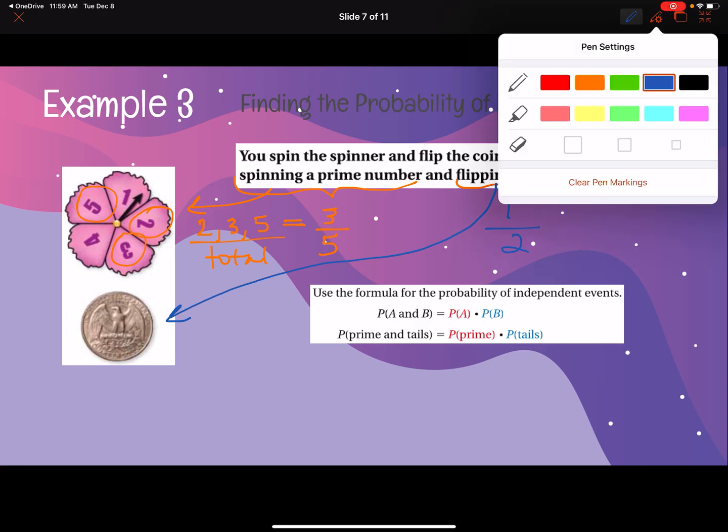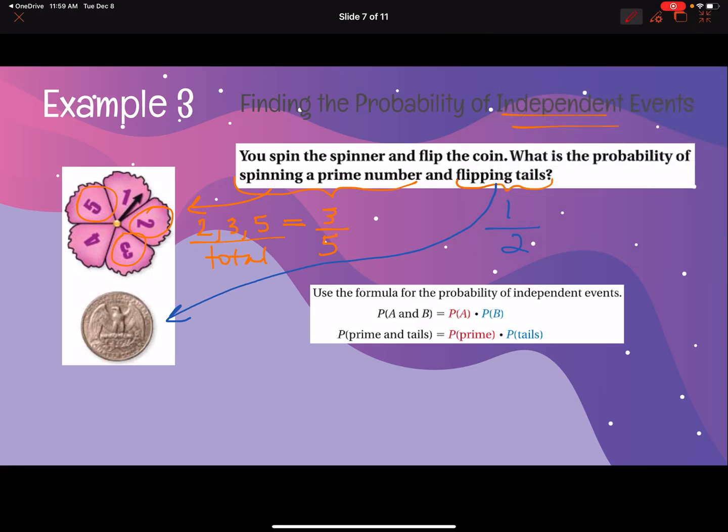Now we're going to use the formula for the probability of independent events, which tells us we're going to multiply. The probability of spinning a prime number was 3 out of 5. The probability of flipping a tail was 1 out of 2.